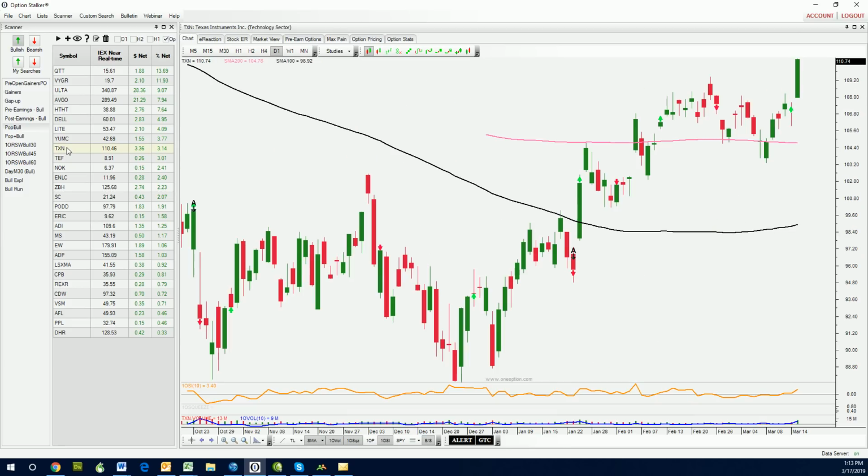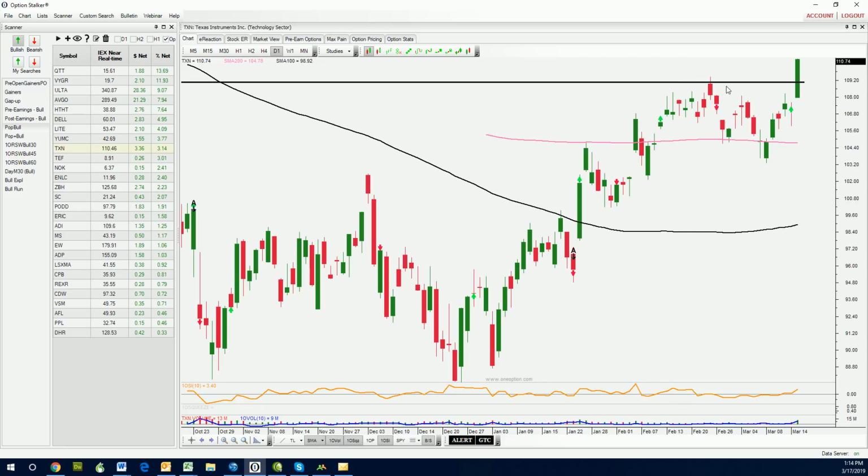TXN, Texas Instruments, really nice compression right in here. Horizontal resistance, really nice breakout, good volume, nice relative strength. This is another one I really like. So I'm going to drop my GTC line right in here, right at the prior high, and I'm going to move one a little bit higher on it as well.